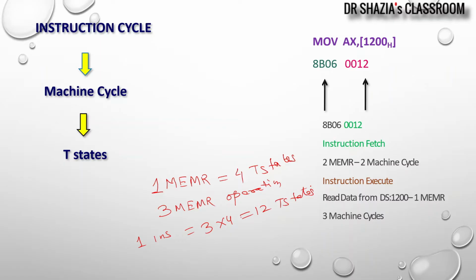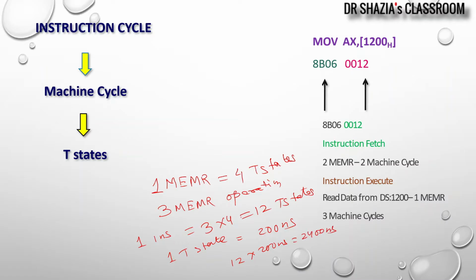Let us assume I have a 5 megahertz clock. So one T state will be of duration 200 nanoseconds. So for this particular instruction to get executed, we need 12 into 200 nanoseconds, which is 2400 nanoseconds.